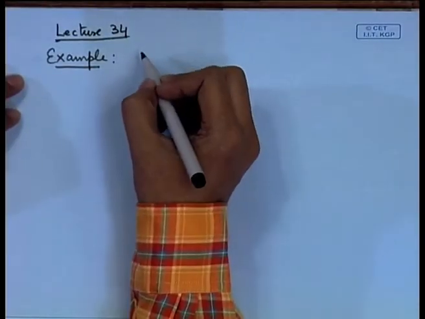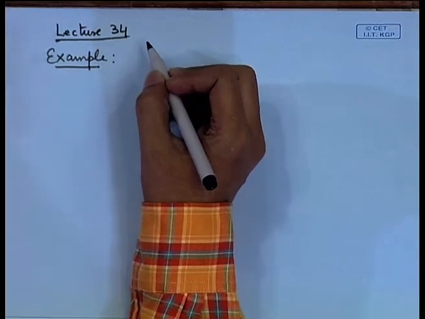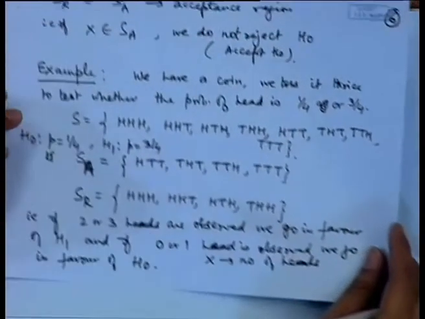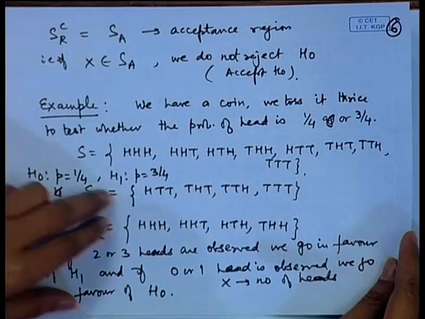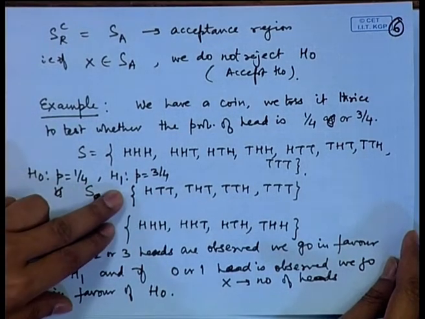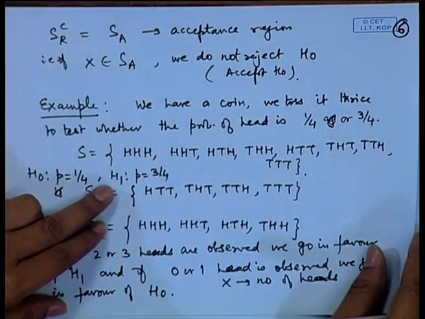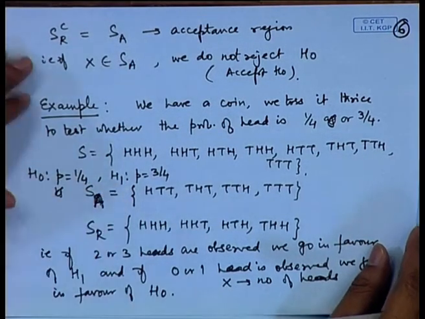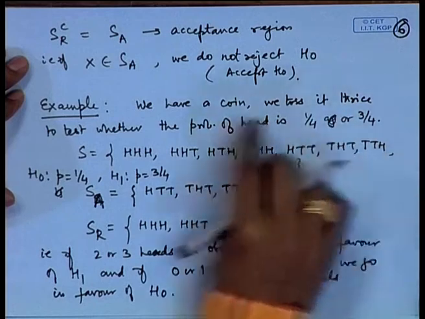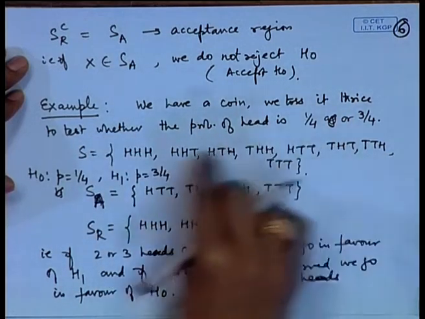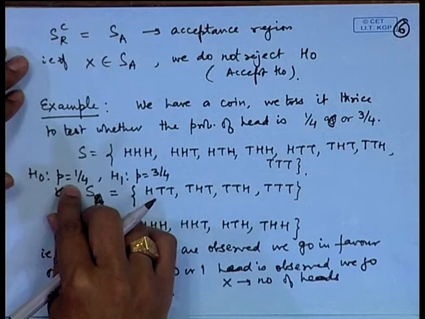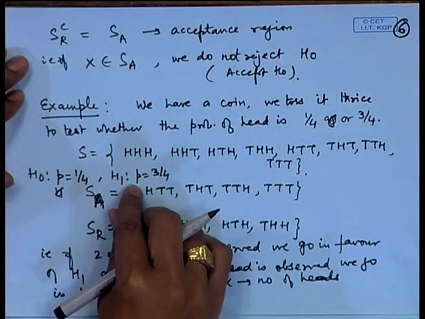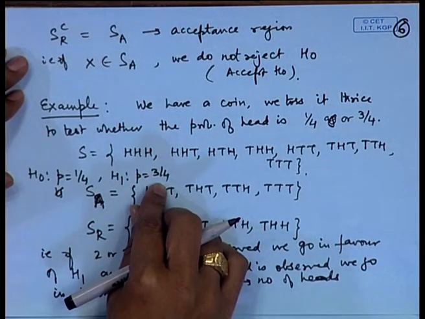Let me explain this through one example. We discussed the problem of, say, checking the unbiasedness, or certain probability related to the probability of head in a coin tossing experiment. So, we have a coin and we tossed it thrice and we want to test the hypothesis whether p is equal to 1 by 4 against p is equal to 3 by 4.